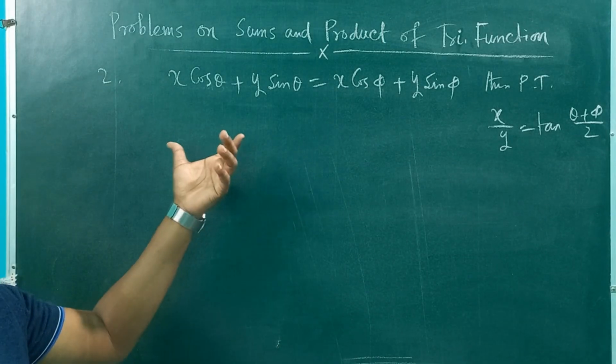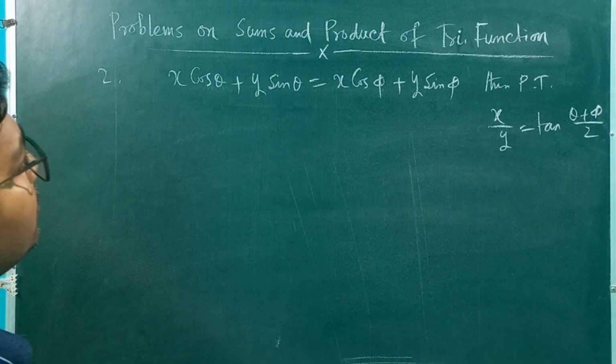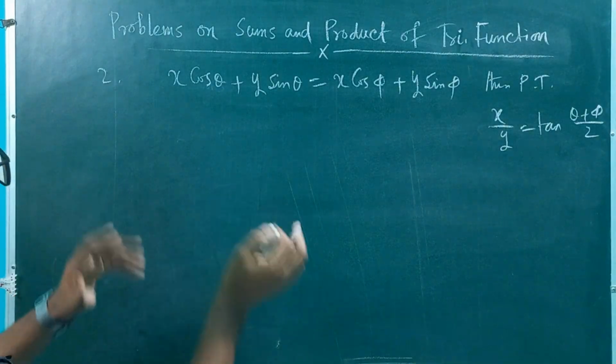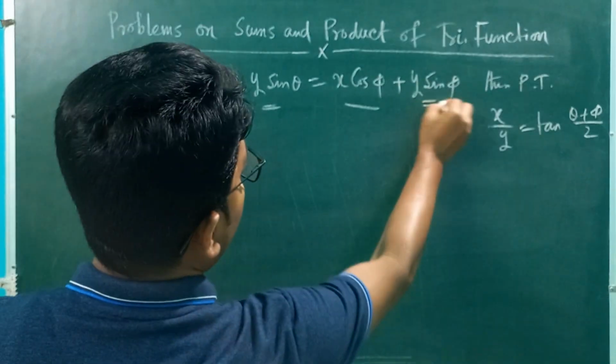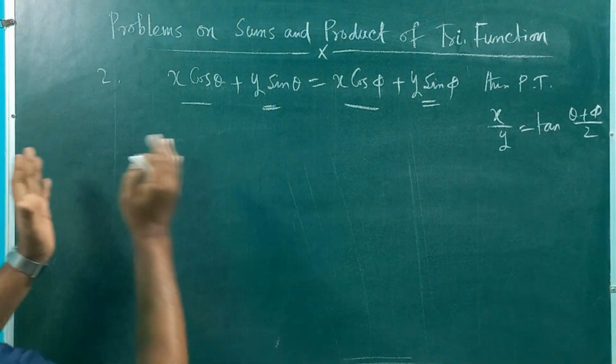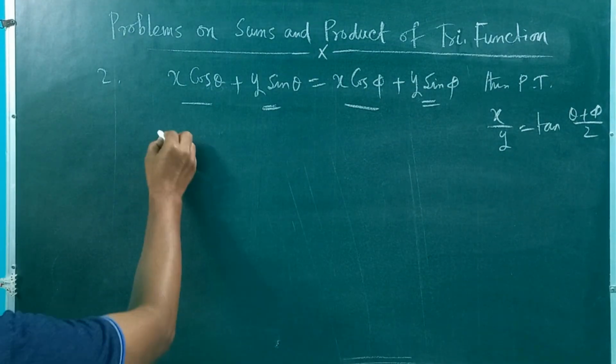So what can we do in this problem? First of all, we separate all the x terms and y terms. These two terms are x terms and these two terms are y terms. So we will take the x terms on the left side, y terms on the right side.